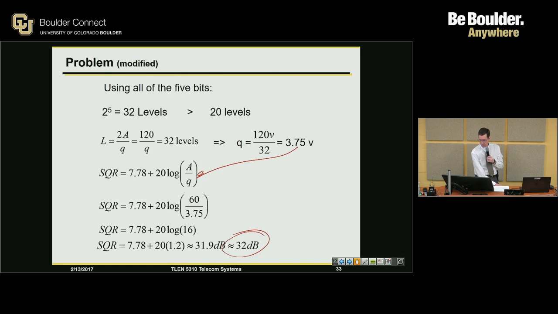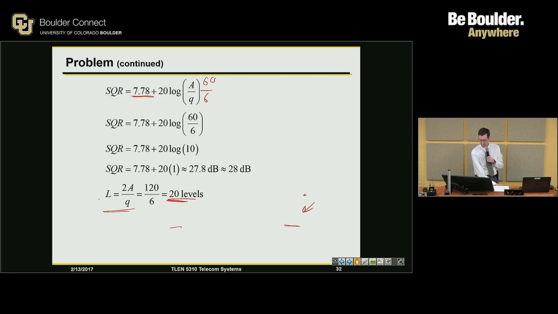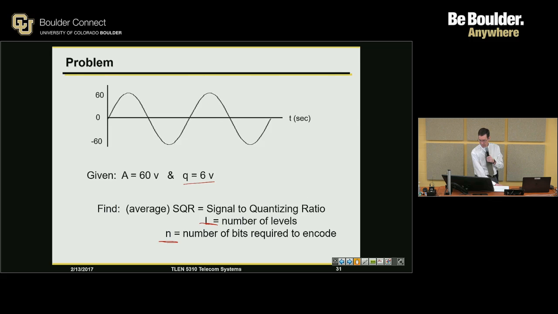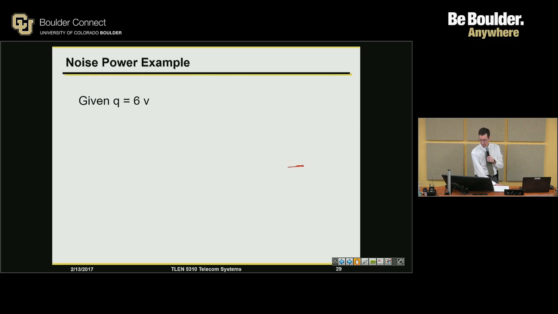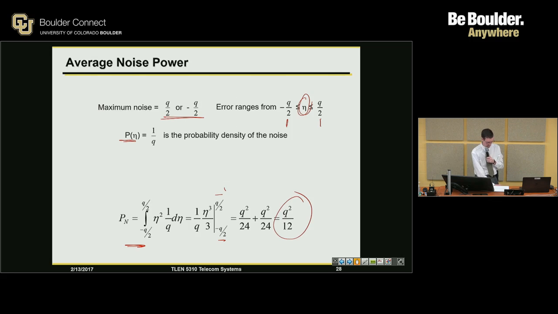If I go to my power, it is this one right here. If I want the noise power, right here, I integrate and I end up with a Q squared over 12 because of evaluating this integral between minus Q over 2 and plus Q over 2.